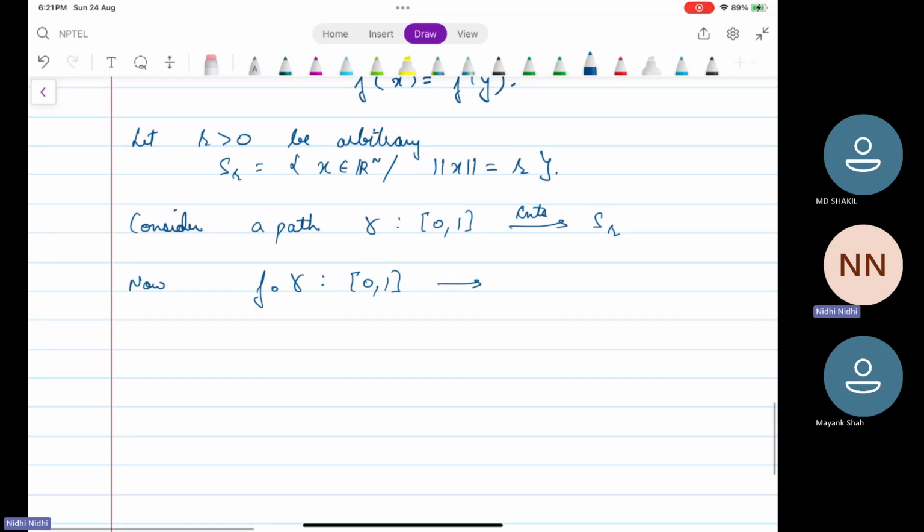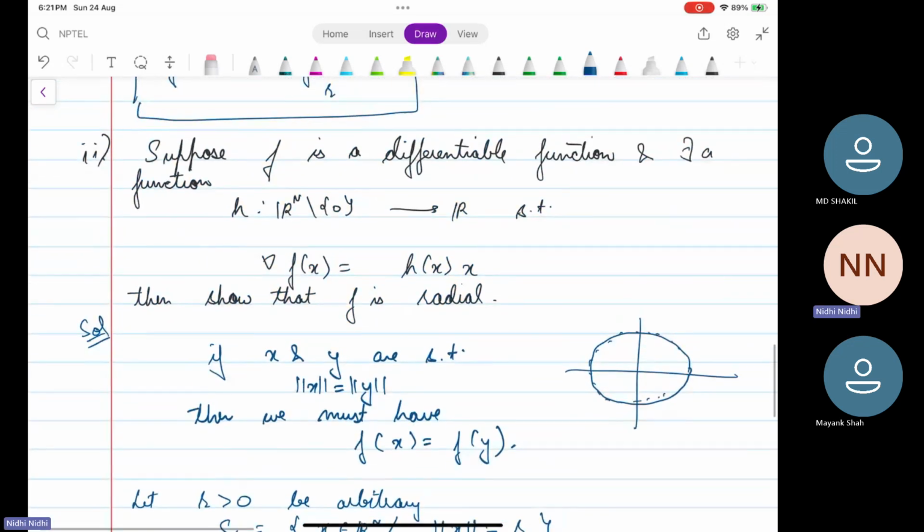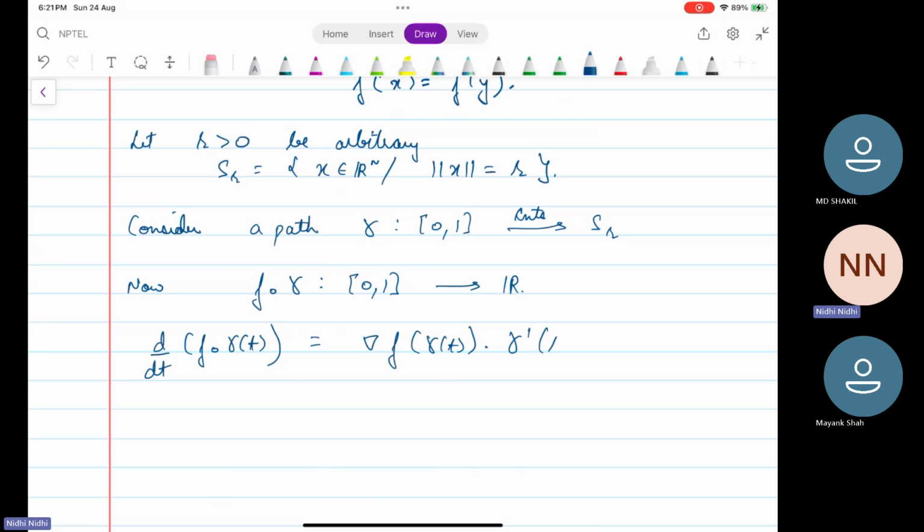The range of gamma is S_R, then the range of f is R. Then d by dt of f of gamma t, so by chain rule, this will be equal to the gradient of f at gamma t times gamma prime t. This comes by chain rule.